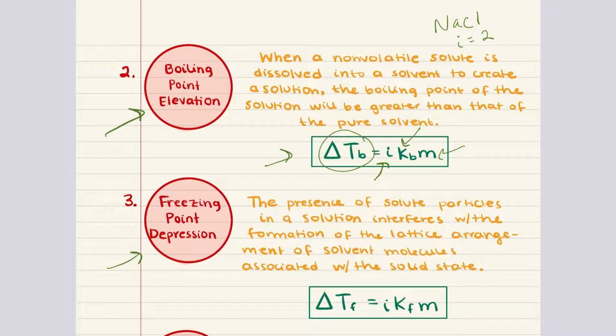Now, the freezing point depression can be calculated using this equation, where delta TF is the freezing point depression, i is the Van't Hoff factor, Kf is the proportionality constant characteristic of a particular solvent, and m is the molality of the solution.